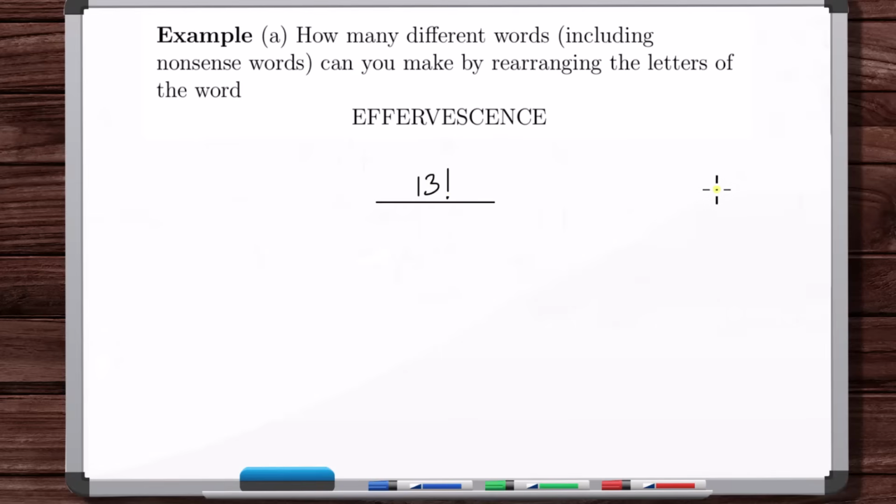So we've got 1, 2, 3, 4, 5 E's. We've got 2 F's. We've got 2 C's. That should be it. Yeah, so divide by 5 factorial, 2 factorial, 2 factorial.